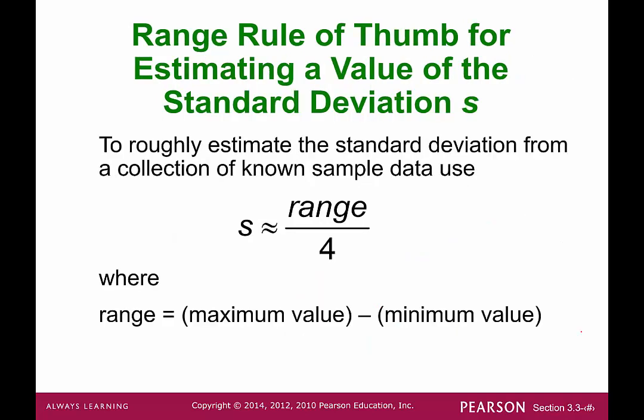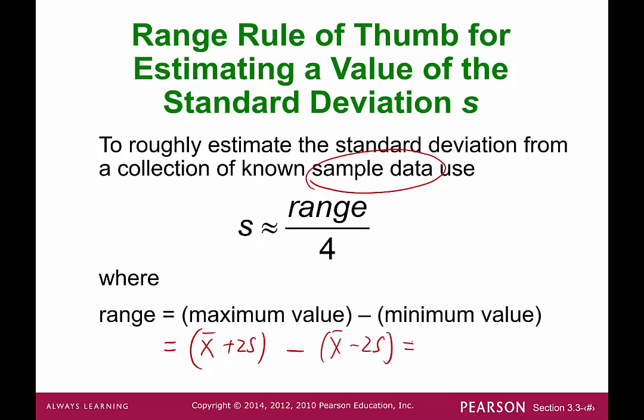Now, to roughly estimate the standard deviation from a collection of known sample data, you can just do range over 4, because the maximum value is sample mean plus 2 standard deviations and the minimum value is sample mean minus 2 standard deviations.